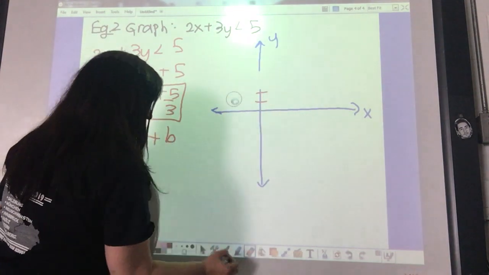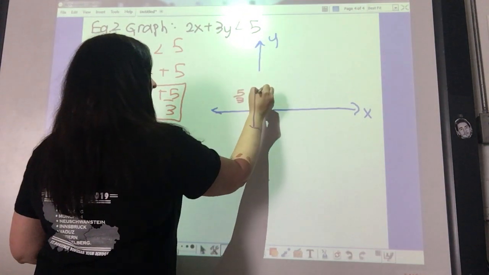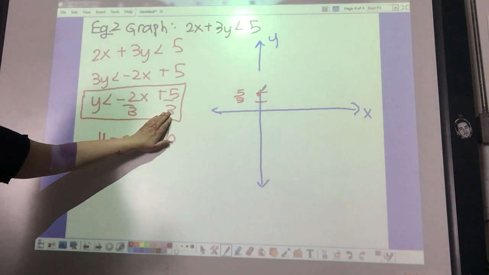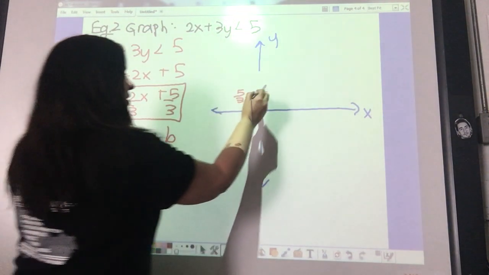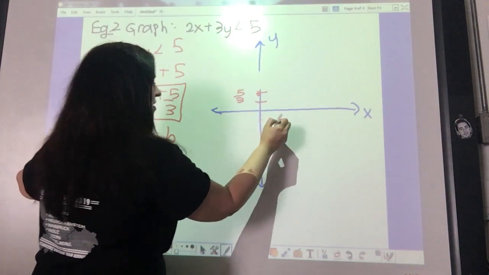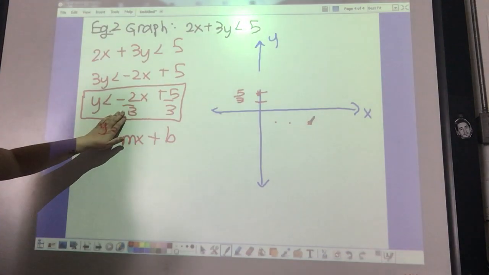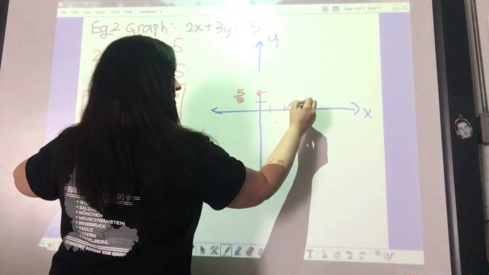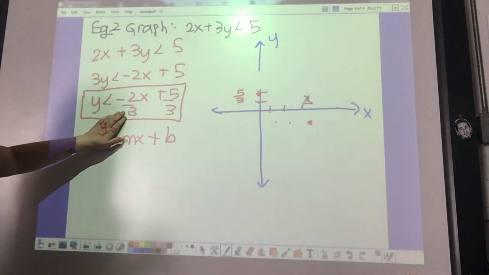That would be 1 and a bit. So there you go, exactly 5/3. That's my first point. Then from this point, we have a negative slope. So we go down 2 units, right 3 units. So that's where my second point is. Now we've got our 2 points.